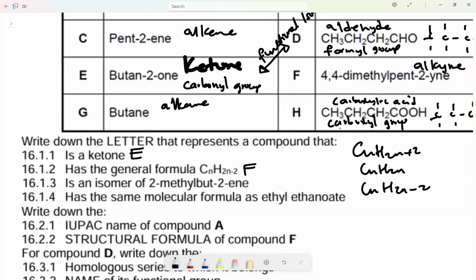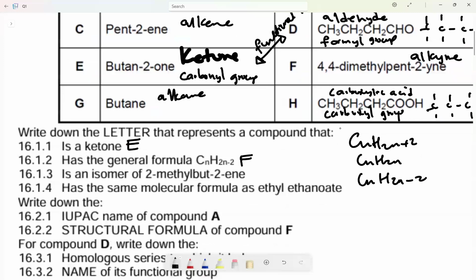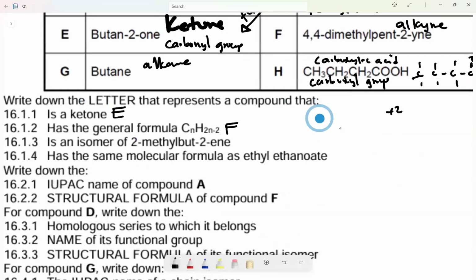Is an isomer of 2-methylbutene. Let's draw 2-methylbutene. It is an alkene here, right? Let's see 2-methylbutene, but 1, 2, 3, 4.